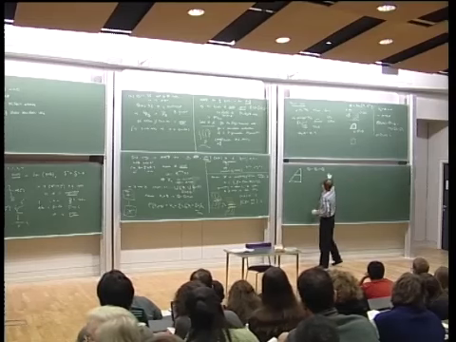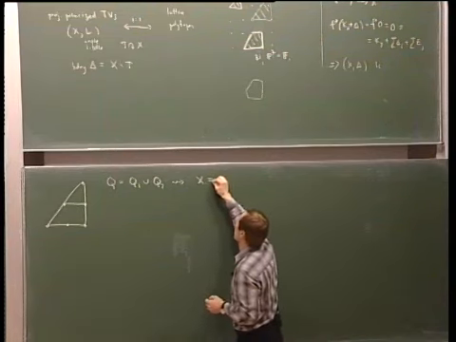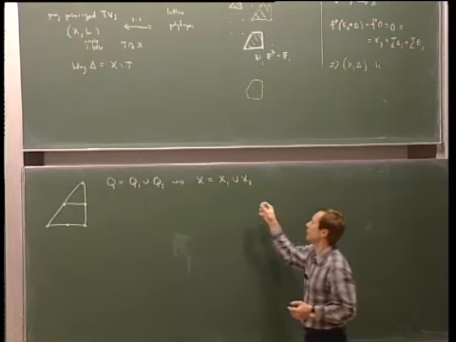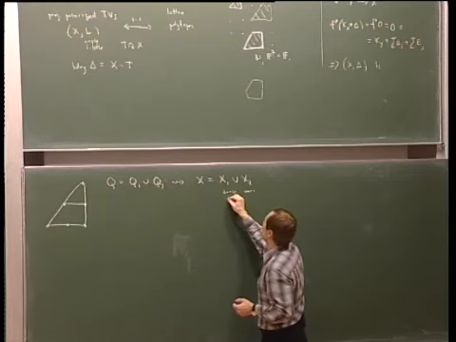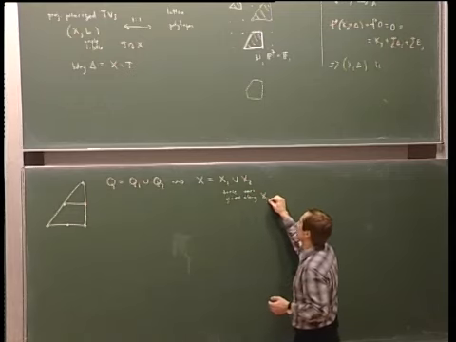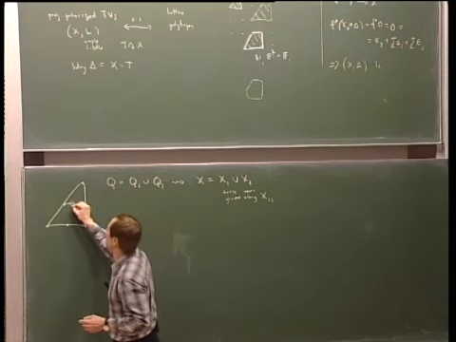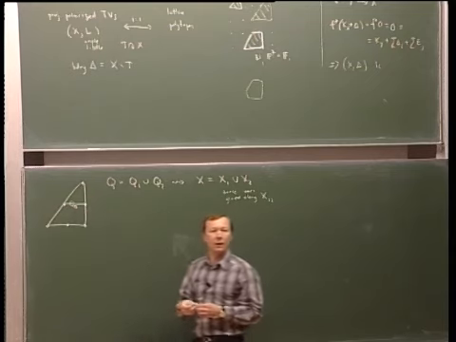Now, to this you can associate a variety X, which is a union of two toric varieties. So these are toric varieties. They're glued along X12. And so X12 here is this boundary between them.